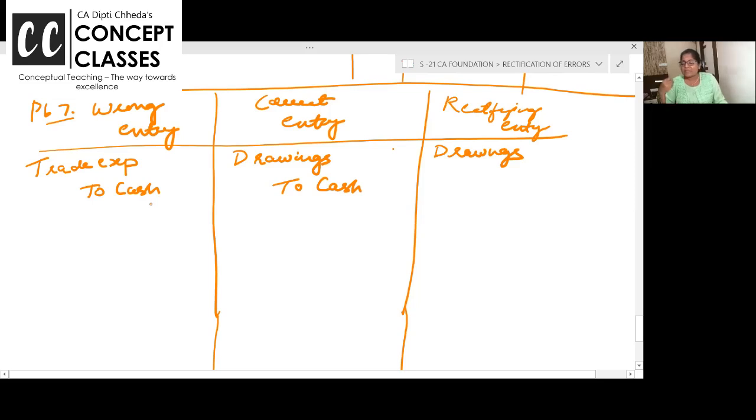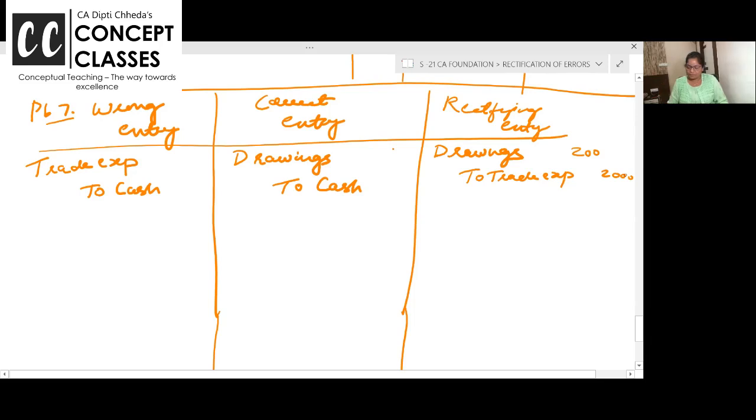Trade expenses by mistake debited. This is not the expense of business. This is the personal expense of the proprietor. For some personal reason, he has withdrawn the cash. So cash is going out. But instead of debiting our P&L account, drawing should be debited. Amount kitna hai? 200, 200.